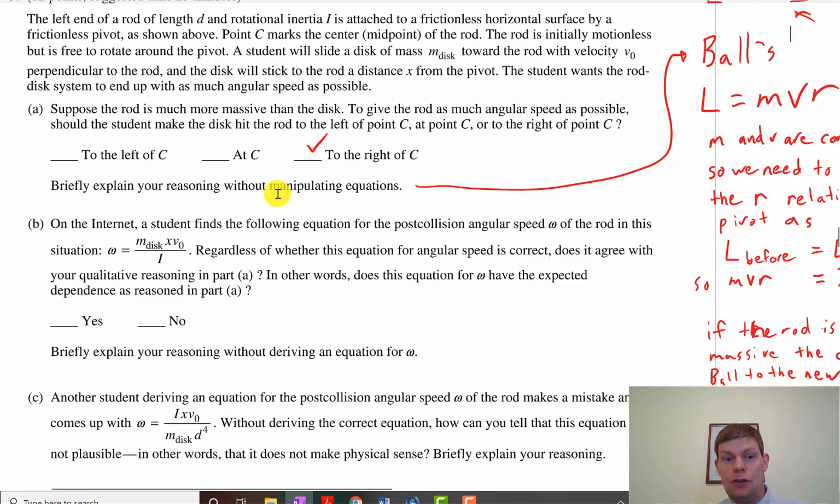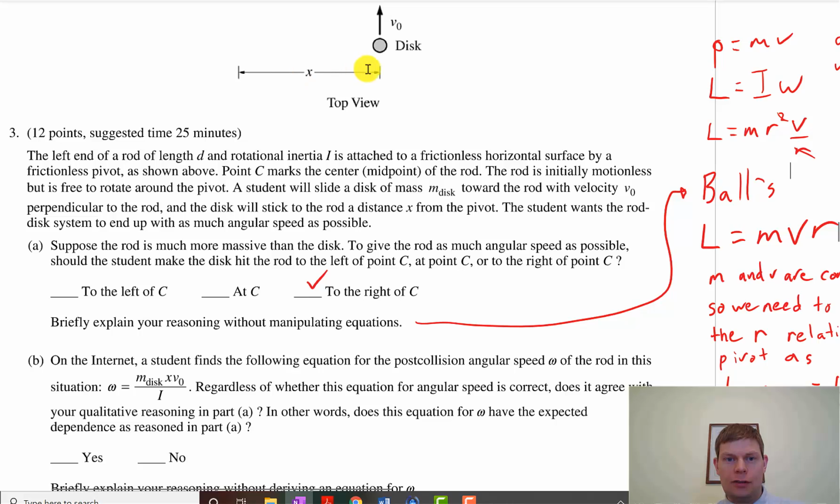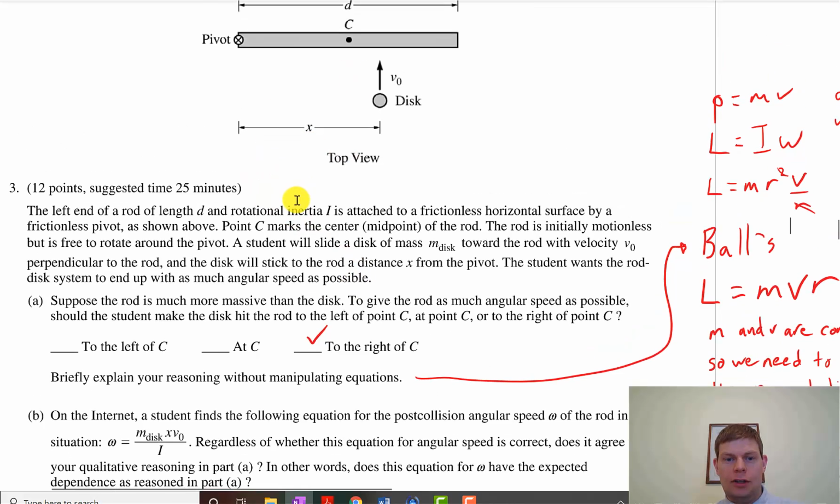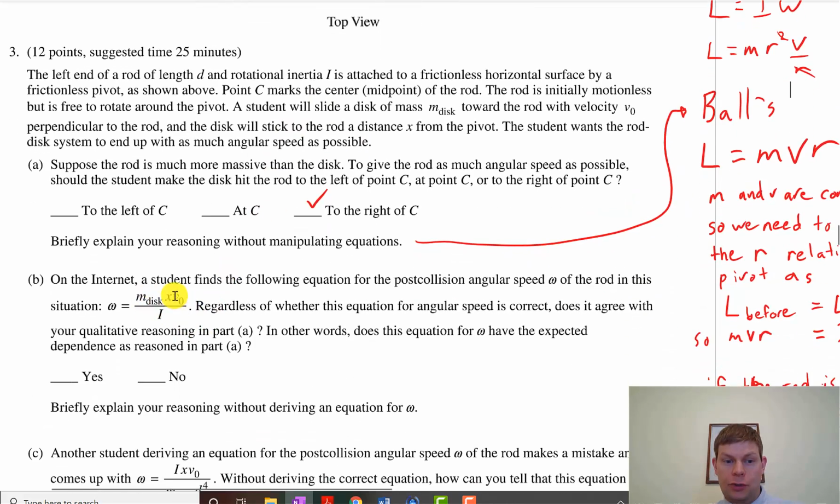I said, hey, you make X bigger, your angular speed gets bigger. That's all they're looking for. Because here I mentioned that if you move it to the right, then X gets bigger. So this has that dependence. If we move X to the right, our angular speed gets bigger. So that is all they're looking for.